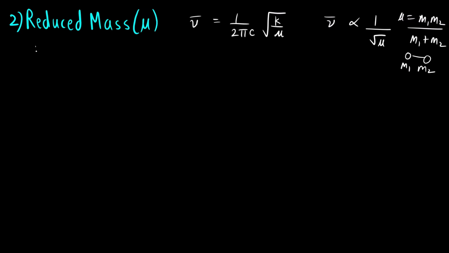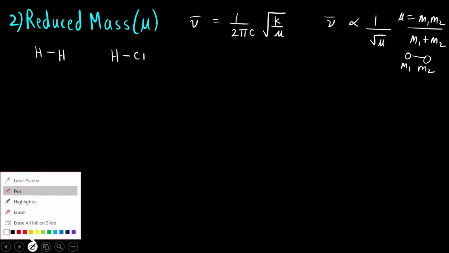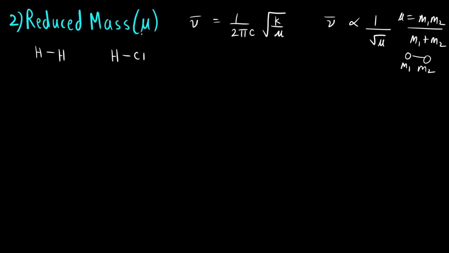Suppose I take the hydrogen-hydrogen bond, and let's say I take HCl. If I compare these two bonds and want to find the reduced mass, you can see one hydrogen is the same in both cases. The other atom, here there is hydrogen and here there is Cl.